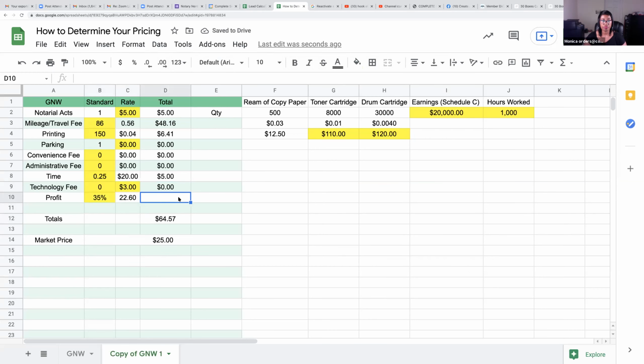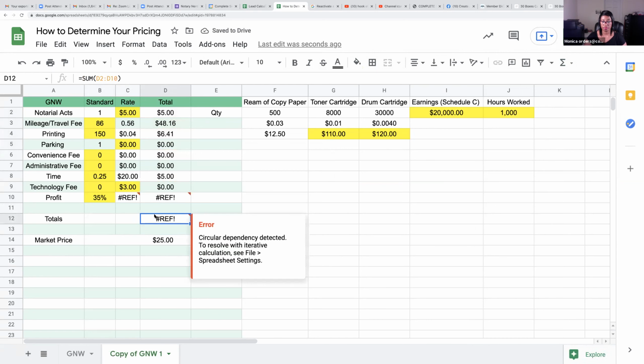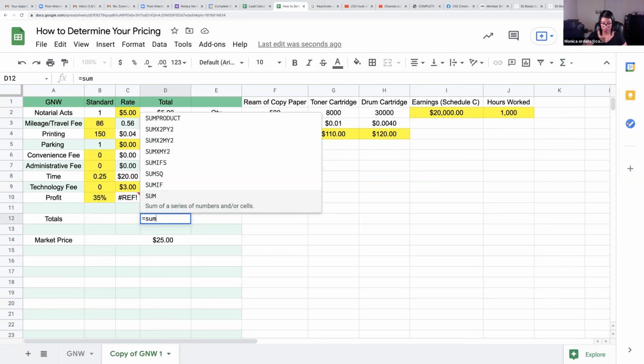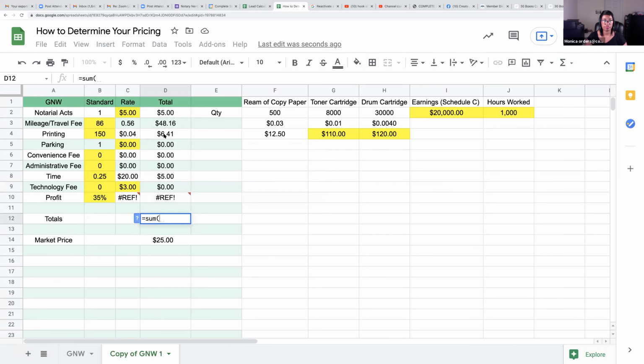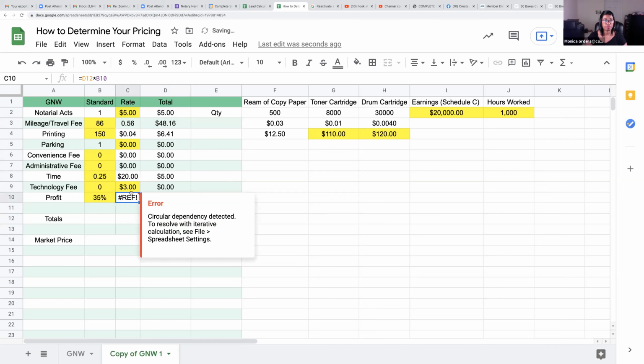Now, that equates to, sorry. Circular dependency. Okay. So I need that to be that.